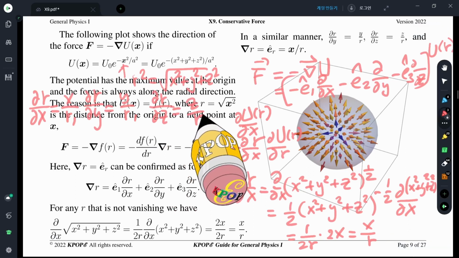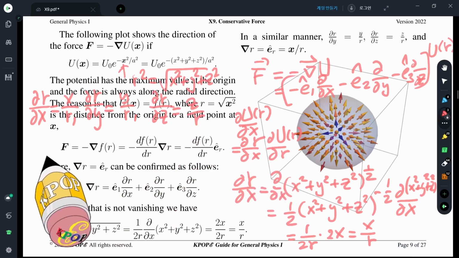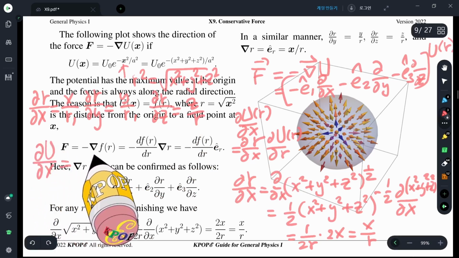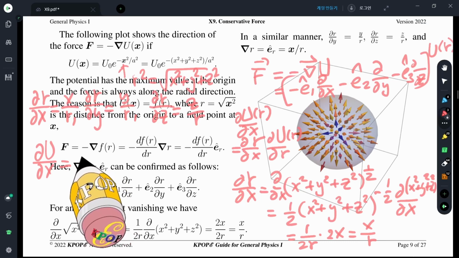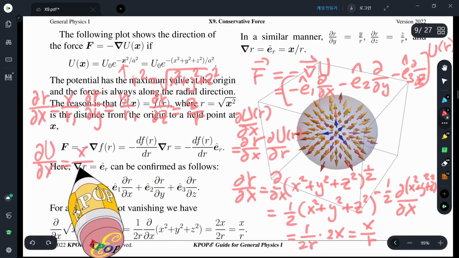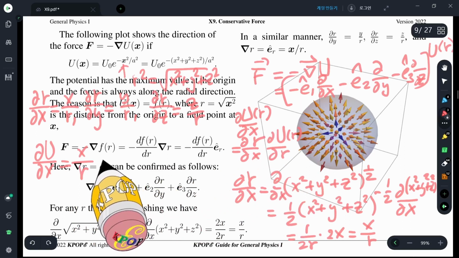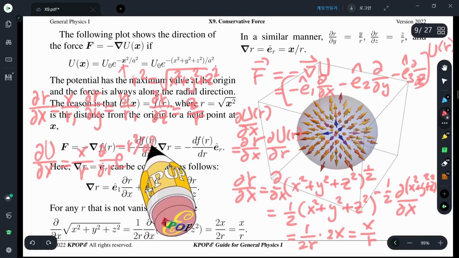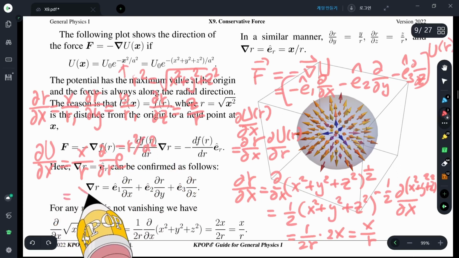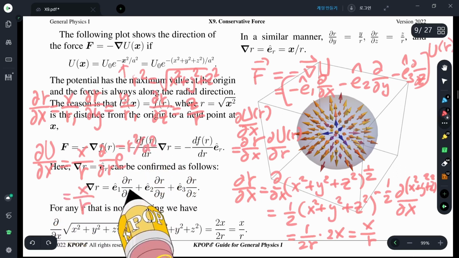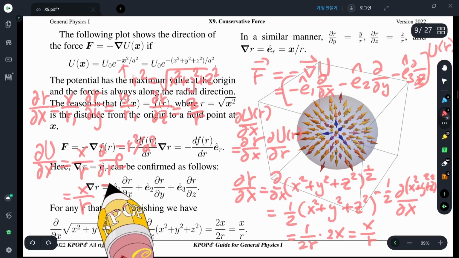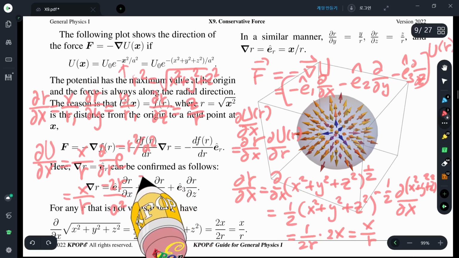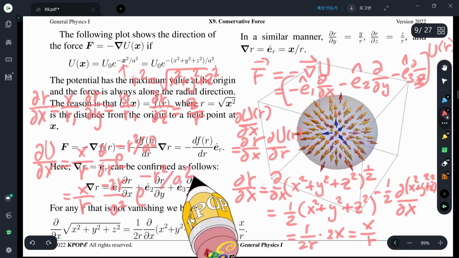All right. So what I find is here, x over r, times the derivative of e to the minus r squared over a squared. So x over r, if I take the derivative, gives minus 2r over a squared, times exponential minus r squared over a squared.